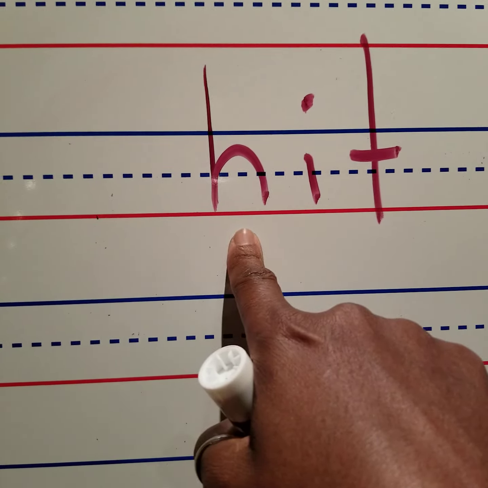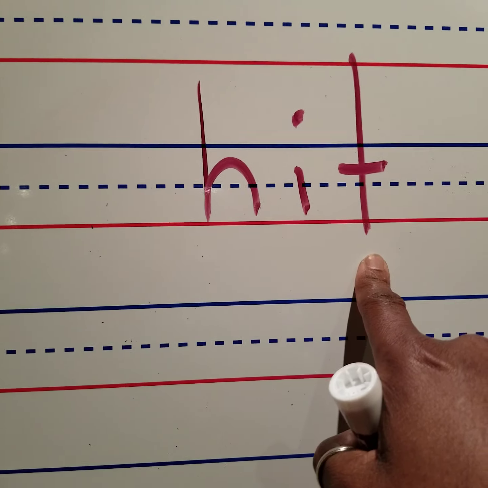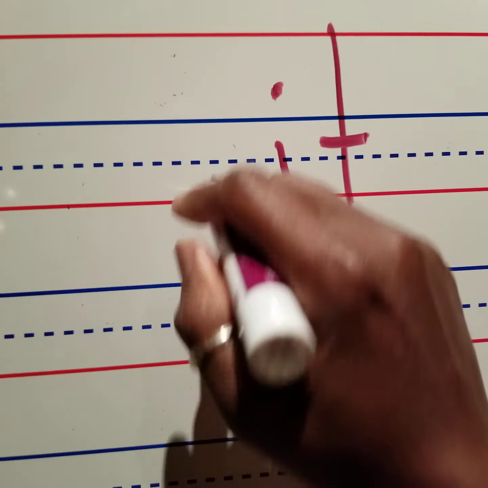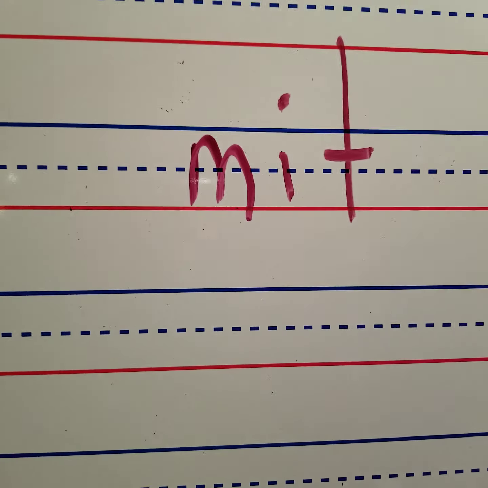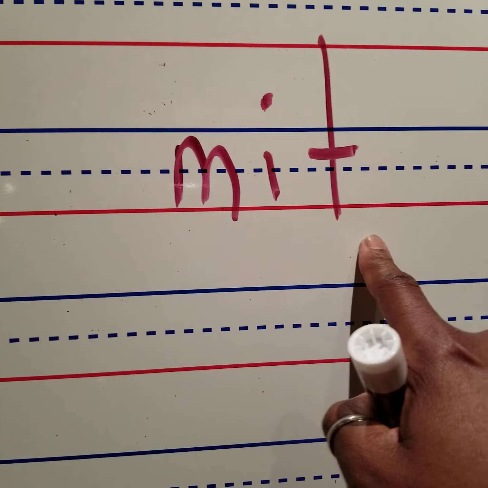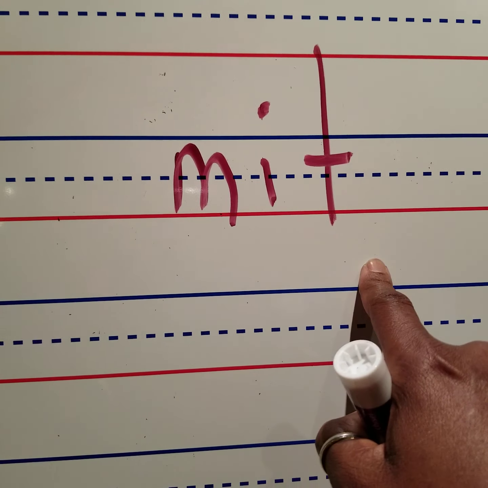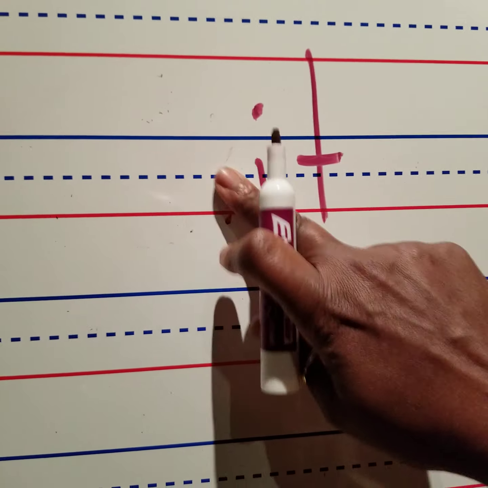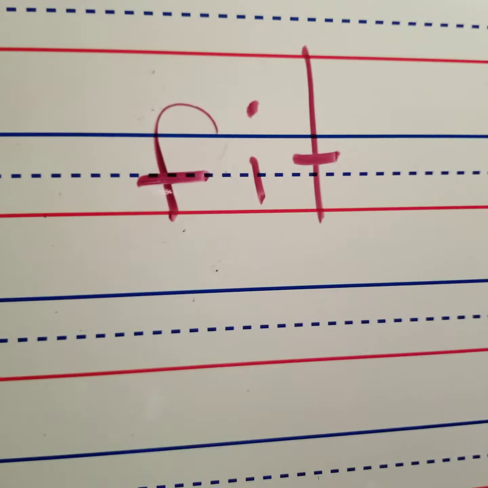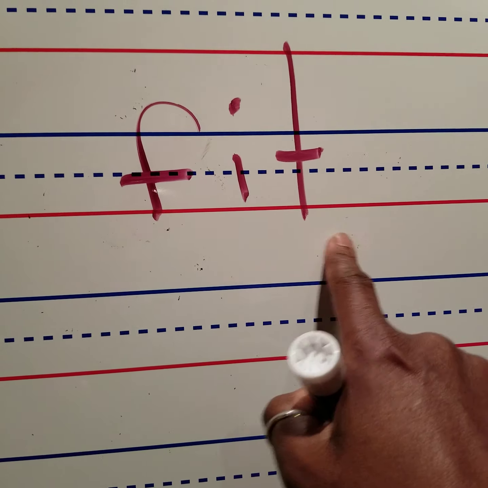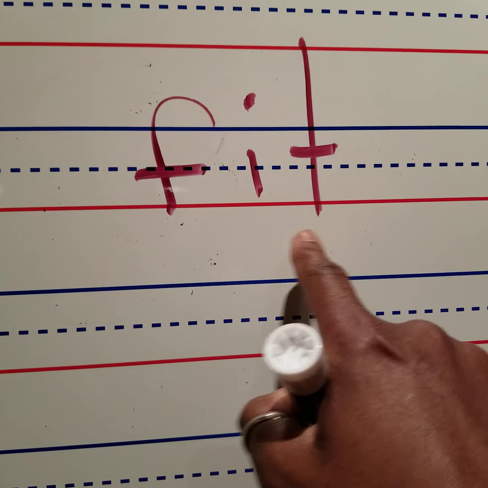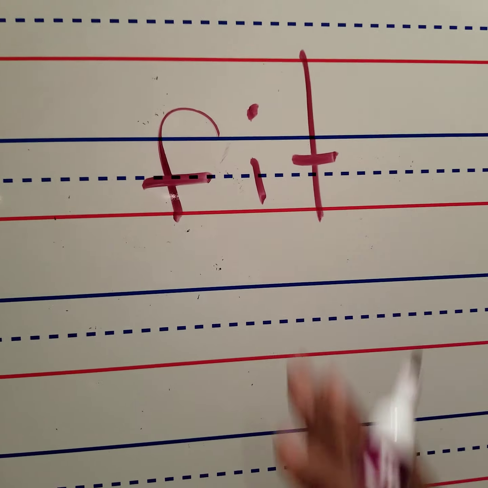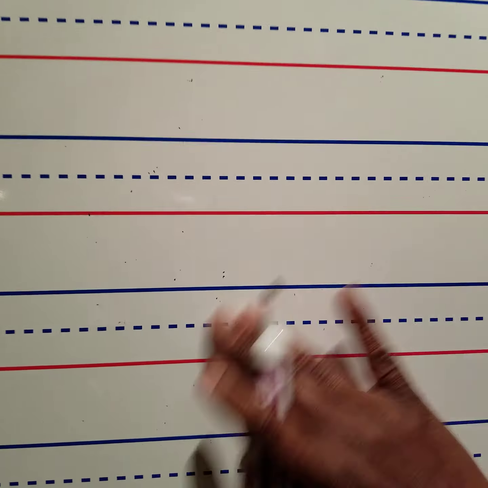It. If I change my H to an M, I now have mit. If I change my M to an F, I now have fit.